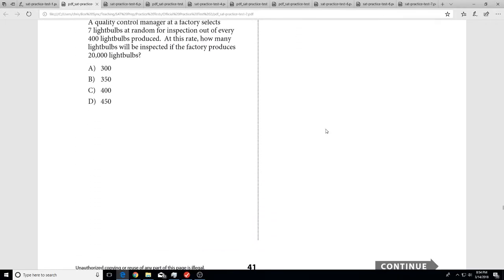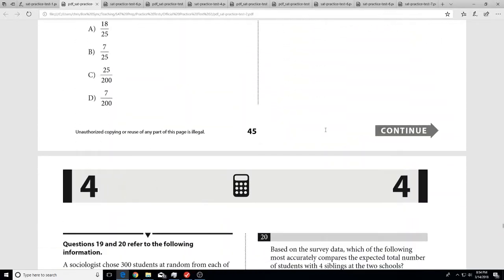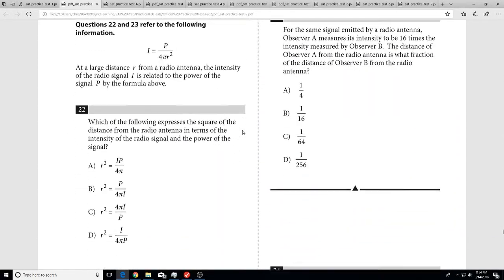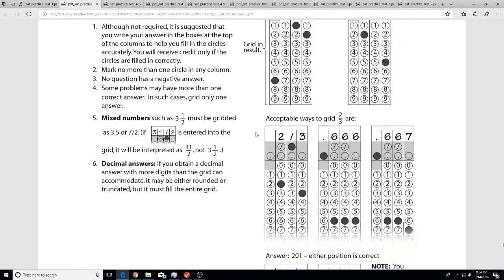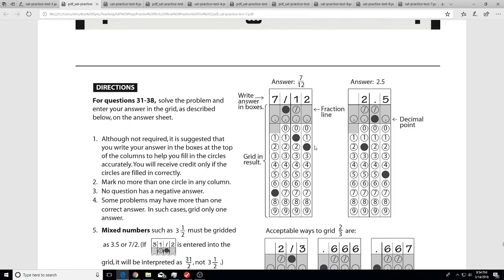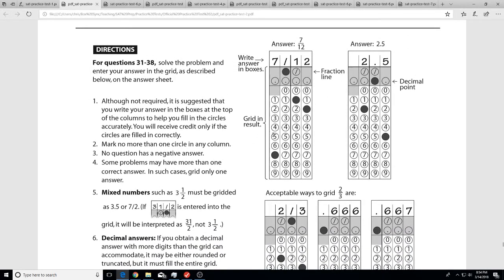However, and this is new for the SAT test takers as opposed to ACT, at the very end of the test in both parts they have what are called student produced responses, where you have to grid in your answer.